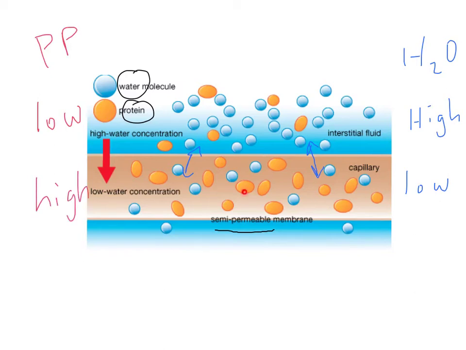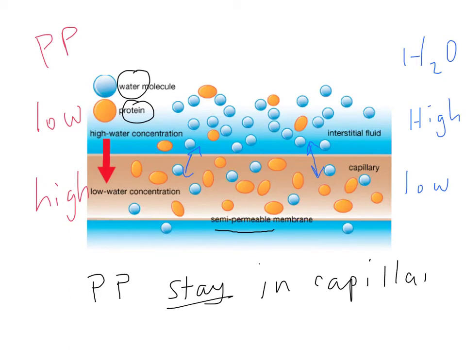And remember, the reason why there are a lot of plasma proteins in here is that they are too big and they can't get out. They're too big to fit through the holes in the capillary, so they're stuck in there. But that's a good thing for you. Because the plasma proteins have to stay in the capillary, they just stay.